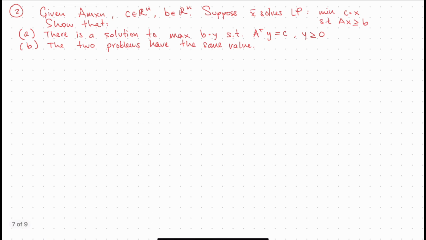And let's go to question 2. This is actually a pretty usual proof in linear programming courses. Given A in the matrix space M_n, and c and b vectors in R^n, suppose x bar solves the minimization linear programming problem.